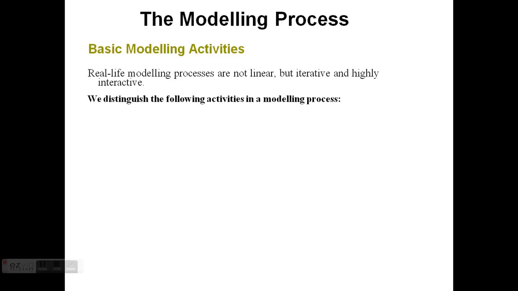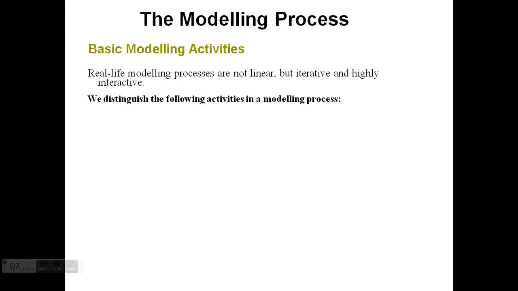So what we need to do is to establish a purpose, a scope and a focus for the modeling. Modeling is a goal-driven activity, as I said before. So initially, an architect should determine who the stakeholders are and what the purpose of the model is in relation to these stakeholders.